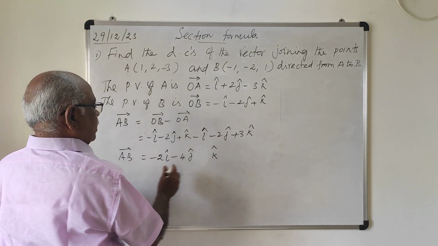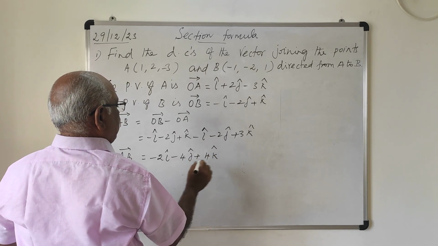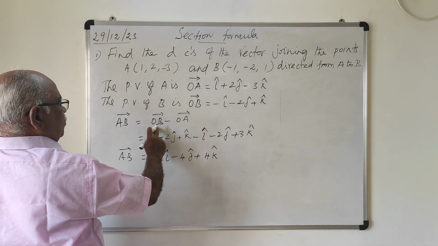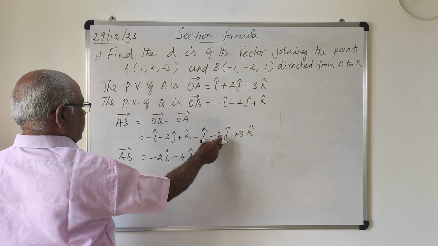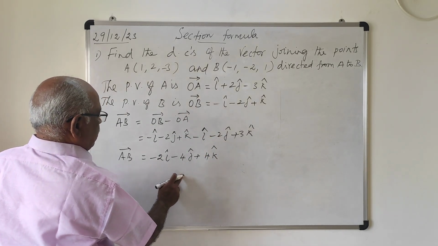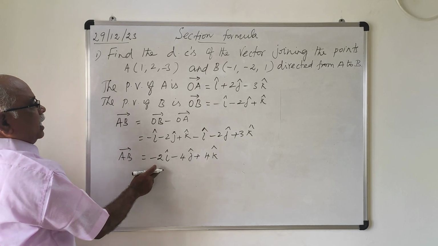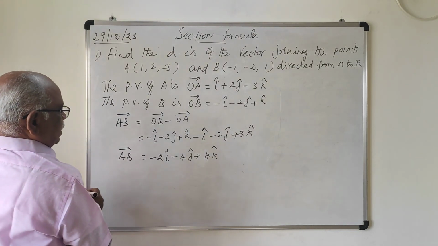After finding the AB vector, which is the position of B minus the position of A, that is OB minus OA, this is the vector AB. Now we have to find the direction cosines of this vector.